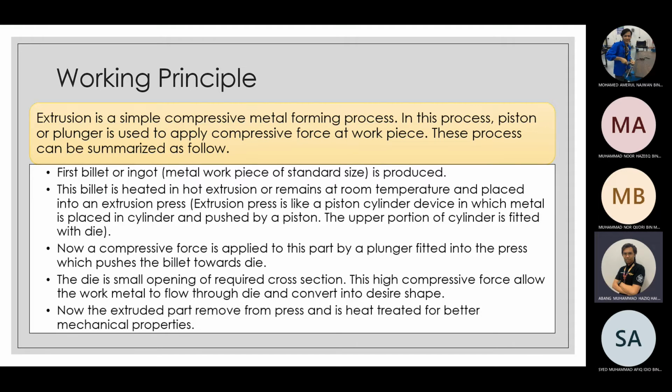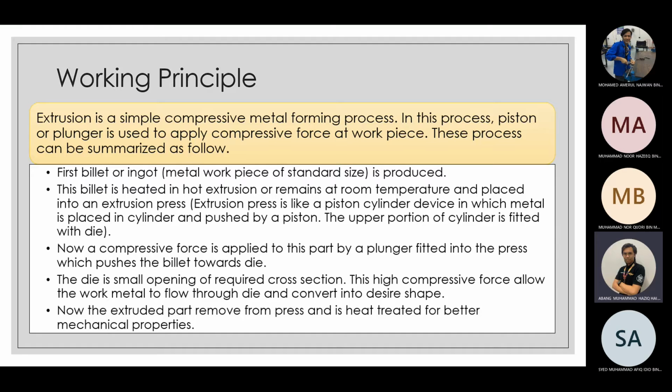Okay, so I'm going to explain the working principle. So what is extrusion, just now? Extrusion is a simple compressive metal forming process. In this process, a piston or plunger is used to apply compressive force on the workpiece. This process can be summarized as follows. First, a billet or ingot, which is a metal workpiece of standard size, is produced.